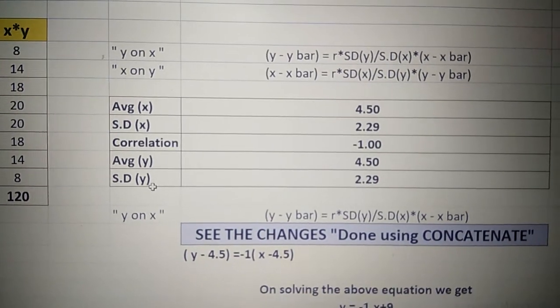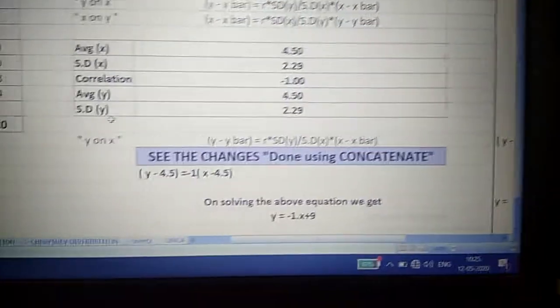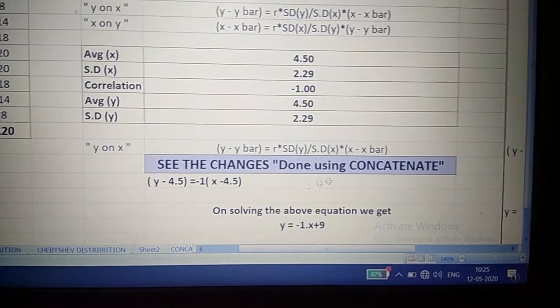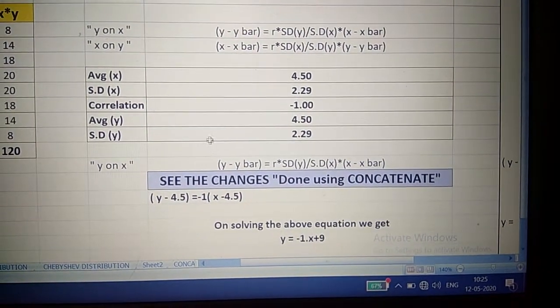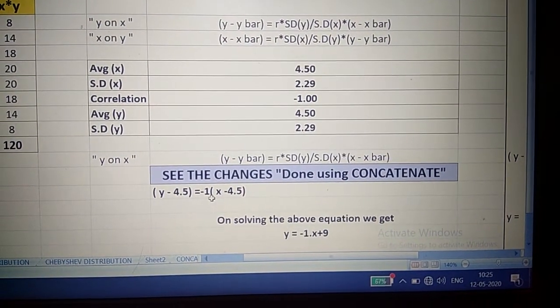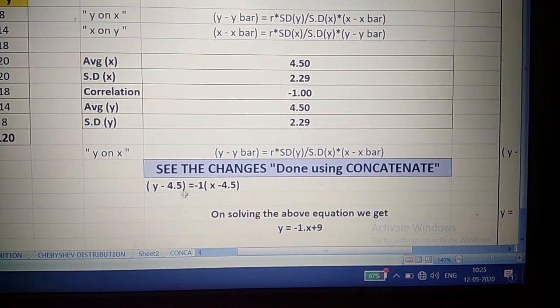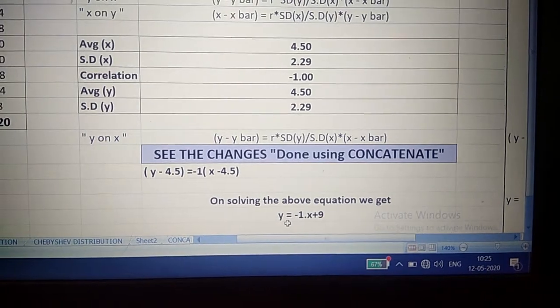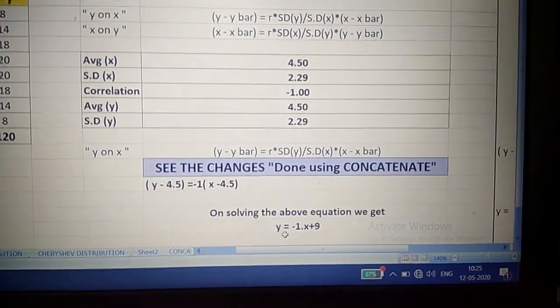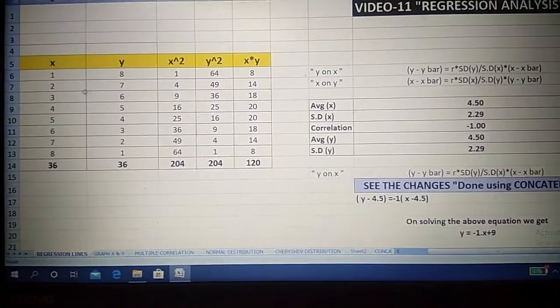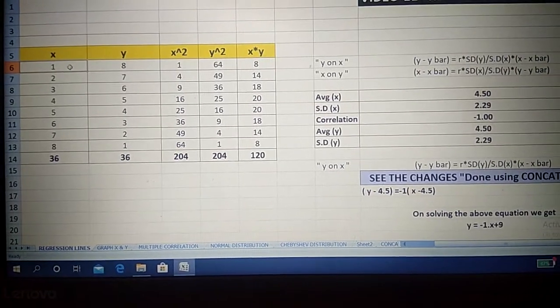But the important fact is how I will show the changes done using concatenate. See, if y minus 4.5 equals minus 1 into x minus 4.5, on solving this equation we will get y equals minus 1 into x plus 9. So here, if I change this 1 to 20, what will happen?